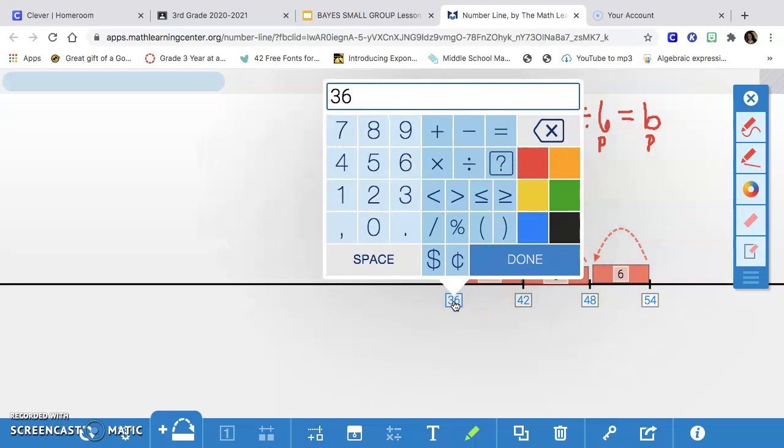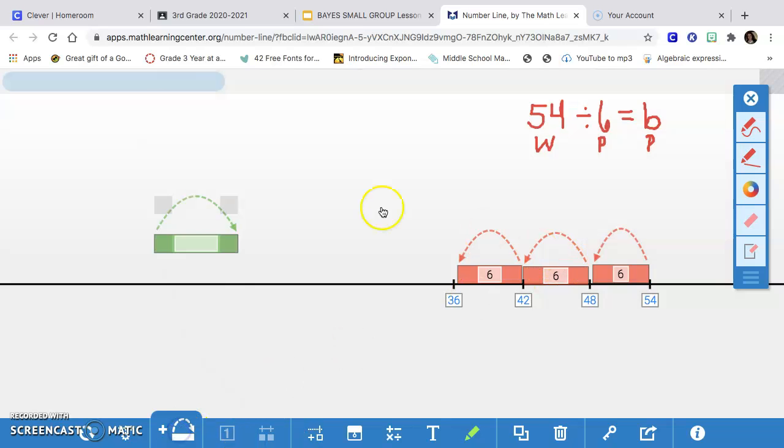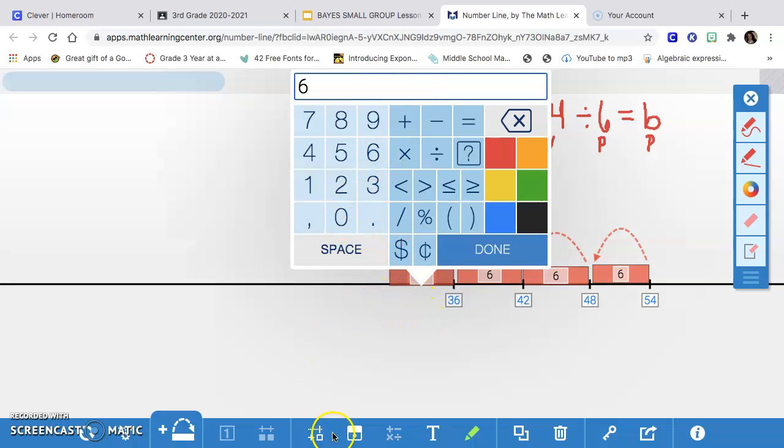So now we have 36 minus 6. And again, our next hop is going to be here, and that's going to give us 30, because 36 minus 6 is 30.